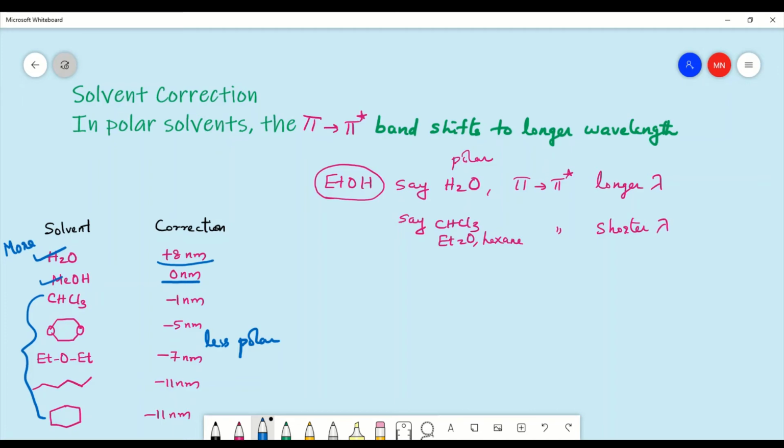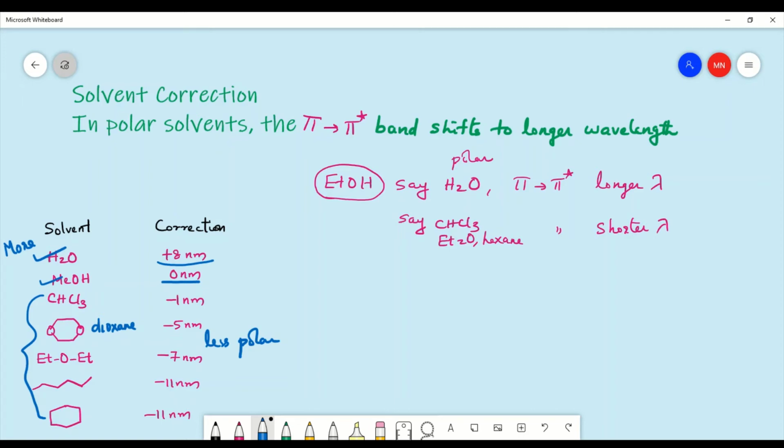If you are recording in chloroform, you have to subtract 1 nanometer. If in dioxane, minus 5 nanometer. If it is diethyl ether, then minus 7 nanometer. If it is normal hexane, you have to subtract 11 nanometer. If it is cyclohexane, again minus 11 nanometer.